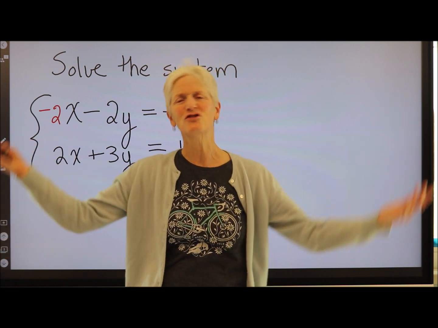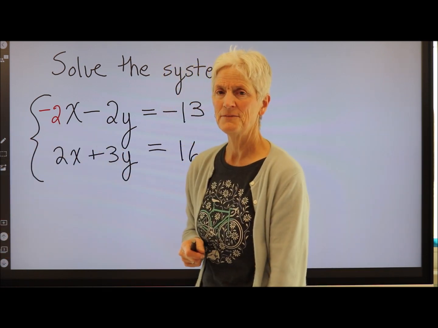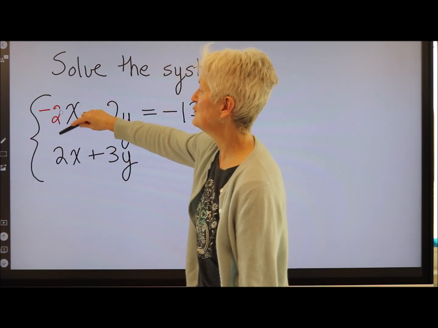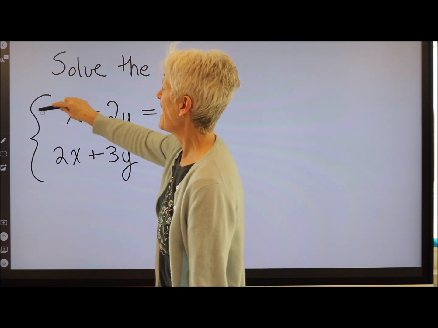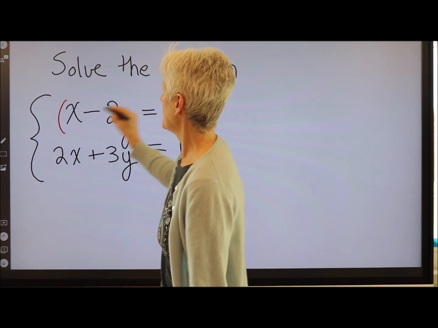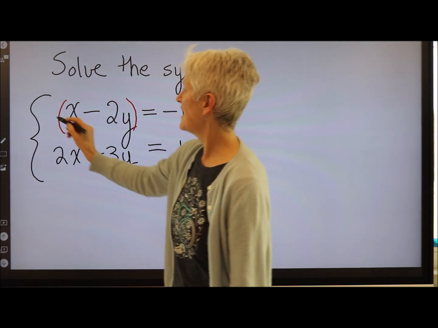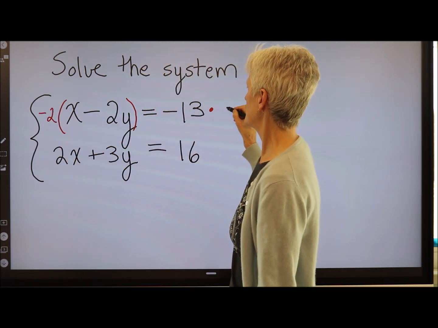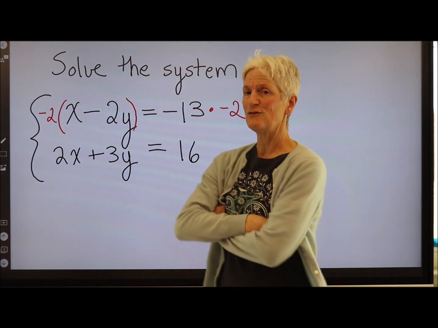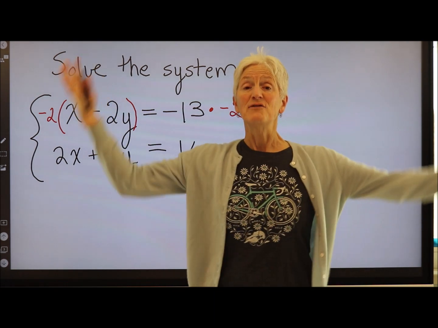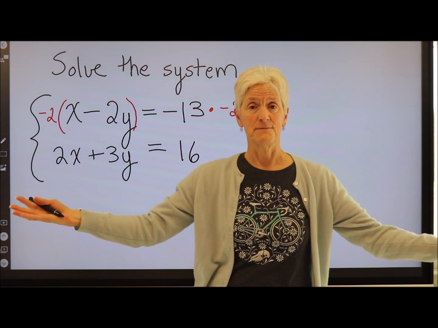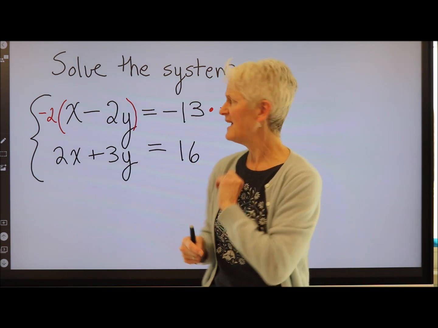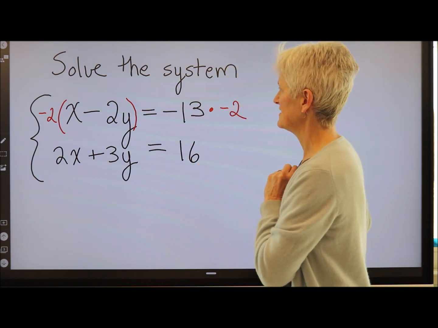No, that would totally change this equation. But what I can do is multiply every term on this side by negative 2, as long as I also multiply every term on that side by negative 2. I've done the same thing to both sides. Hang in there with me and let's see where this is going to take us.